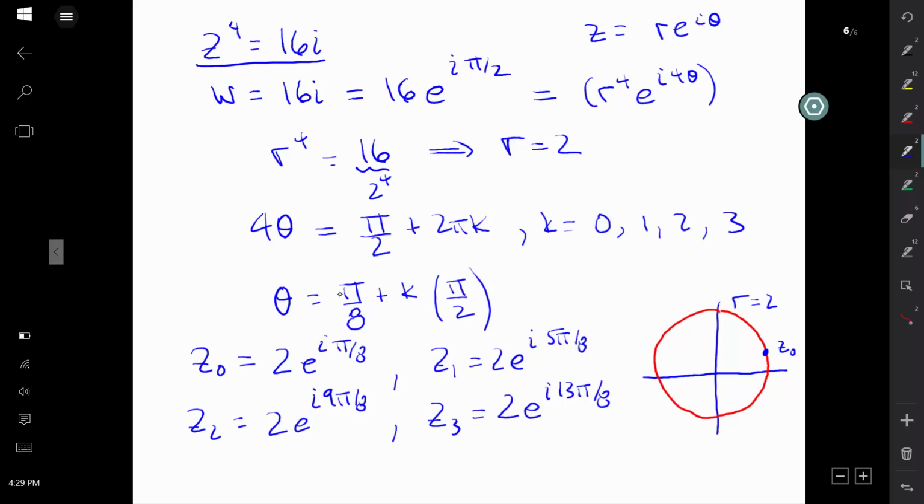Then I rotate through 90 degrees, I get to my z1. I rotate through another 90 degrees, I get to my z2. Another 90 degrees, and I get to my z3. And again, everything is nice and evenly spaced around the circle, and nice and symmetric, and you get this nice picture for the roots of a complex number. And this is a procedure that works in general.